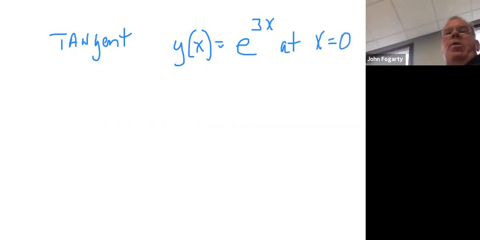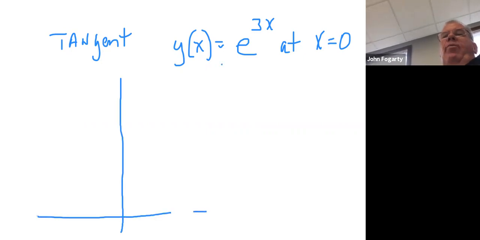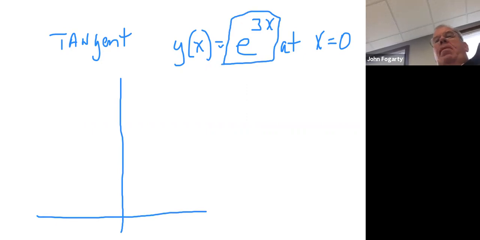So, in your head, you should have an idea of what this graph looks like. And then you need to figure out the equation of the line that's tangent to the graph when x is 0.